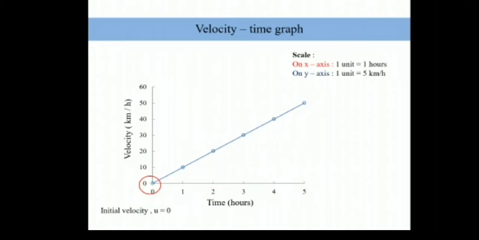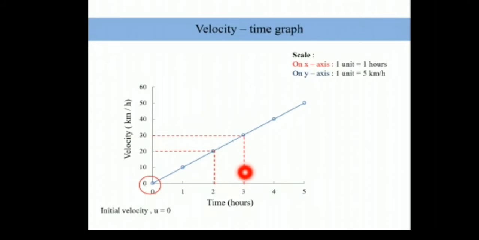Now we will try to calculate. Let's say we take 2 points. One point is this; you can see what the velocity is for this point. Velocity is 20 km per hour, and here the time is 2 hours. Pick any two values. For the second value, the velocity is 30 km per hour, and the time we can find out by drawing a straight vertical line.